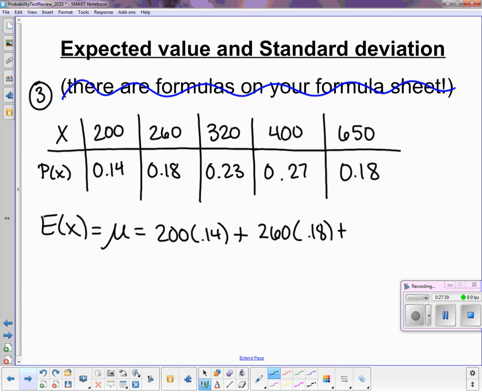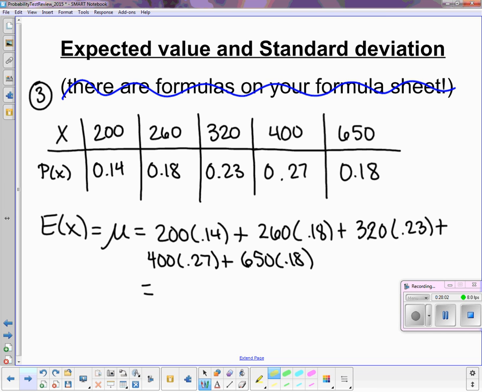It's been a while, but it's a review. And then 320, we can use a calculator. We're going to use a calculator in a minute, but I'm showing you the long way first. Okay, 320 times 0.23 plus 400 times 0.27 plus, and then we have 650 times 0.18. And that is the mean. Okay, that is the average.